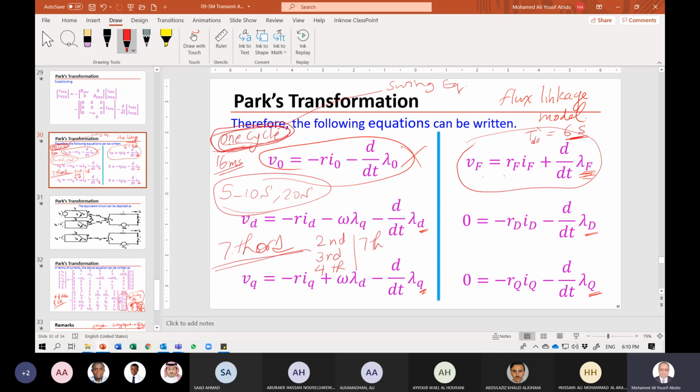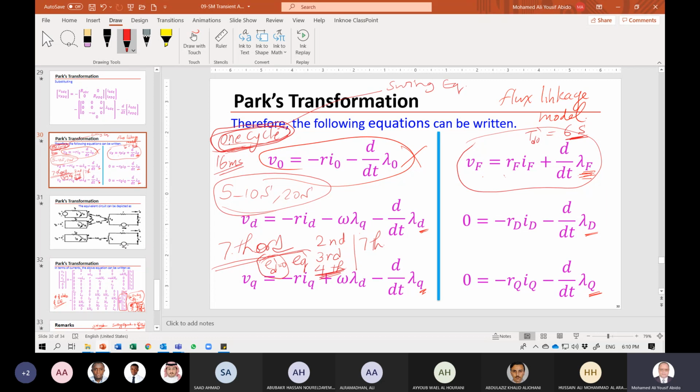For example, for the third order model, we consider the internal voltage in quadrature axis. In the fourth order model, assuming that this is EQ prime, we have ED prime equal to 0. And if we consider ED prime, we have the fourth order model, and so on.